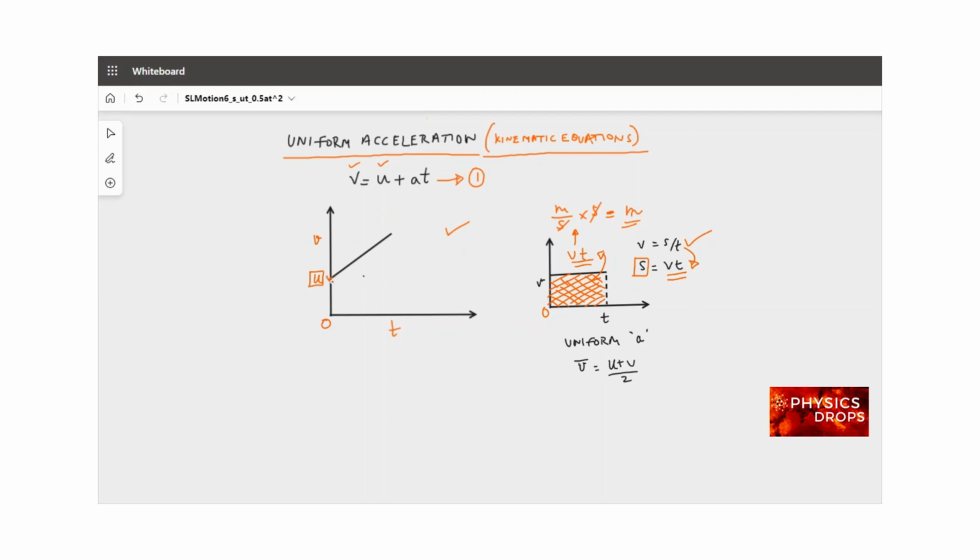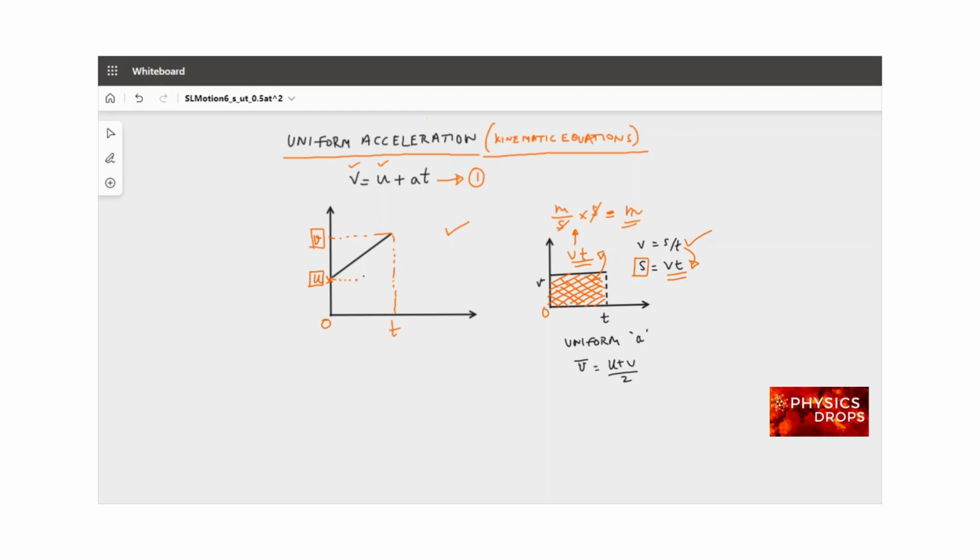When we see the object, it's already moving with the velocity u, and it is under uniform acceleration, which means velocity is constantly being added, the same amount at the same time intervals, and after time t, at this instant, it has a velocity v. Now we know that the area under this black solid line denotes displacement. That means this complete area denotes displacement.